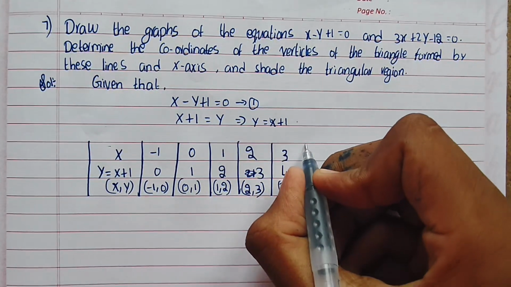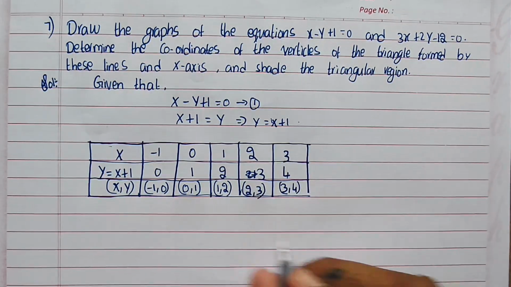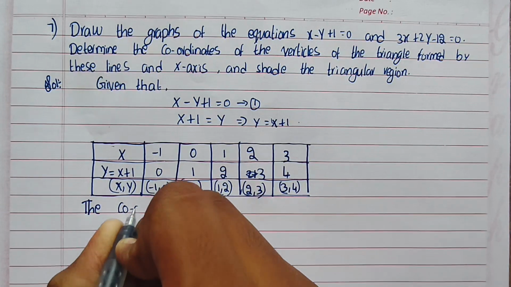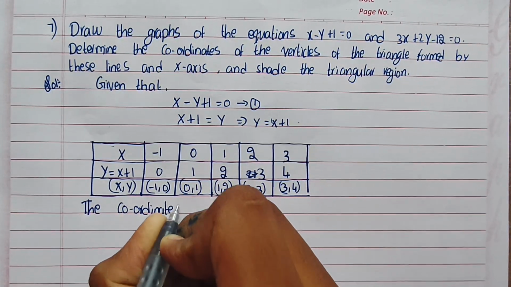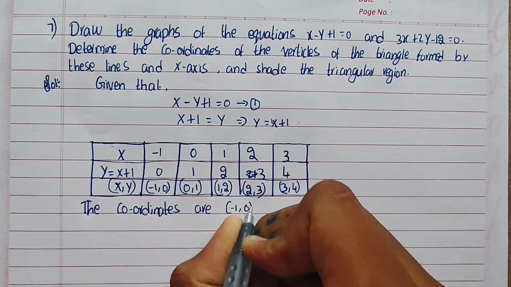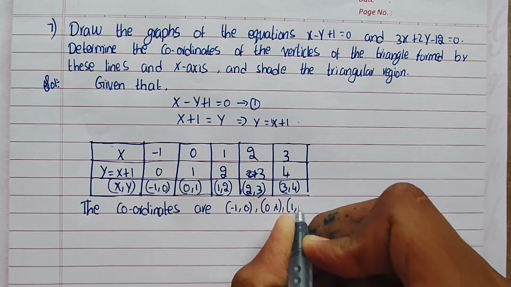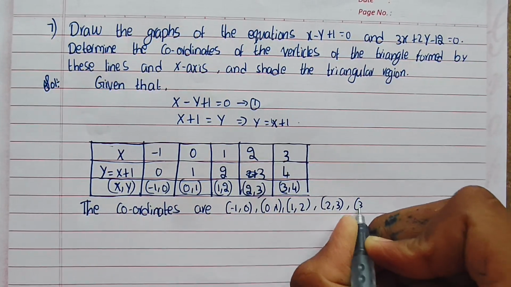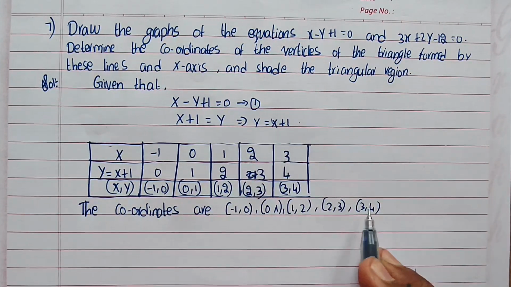These are the coordinates of the equation y is equals to x plus 1. So here the coordinates are minus 1 comma 0, 0 1, 1 2, 2 3, 3 4.